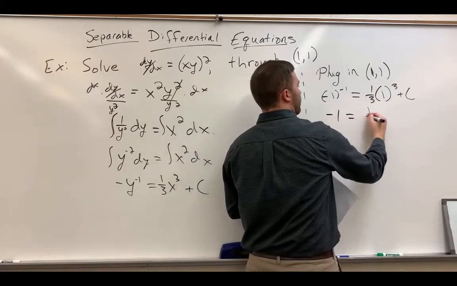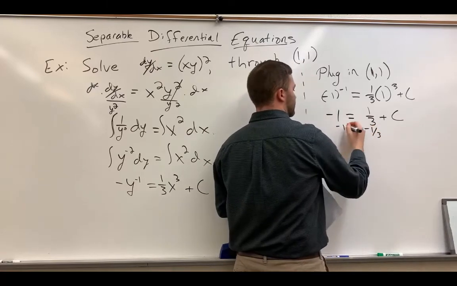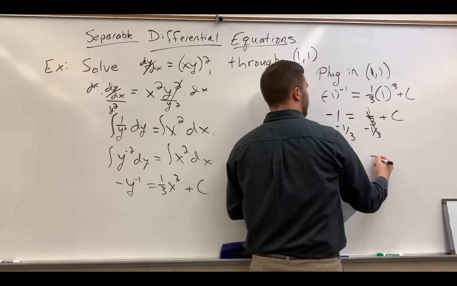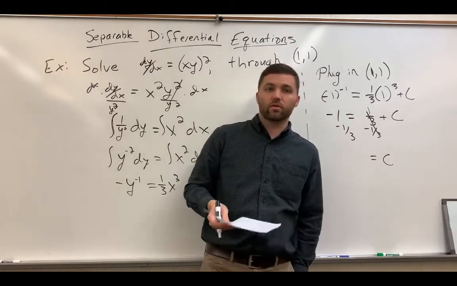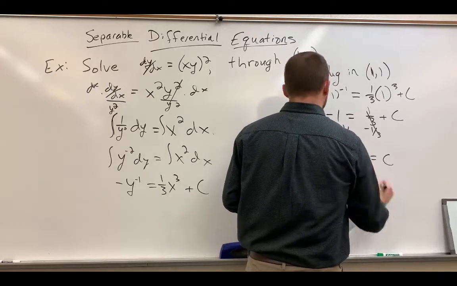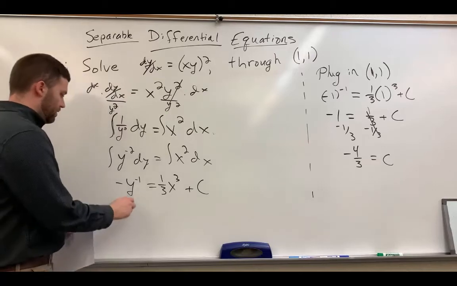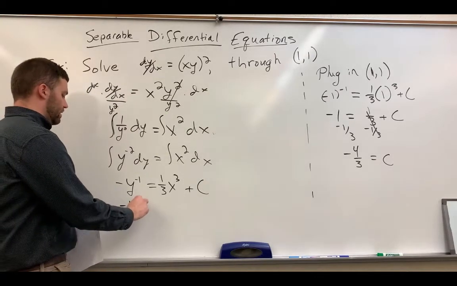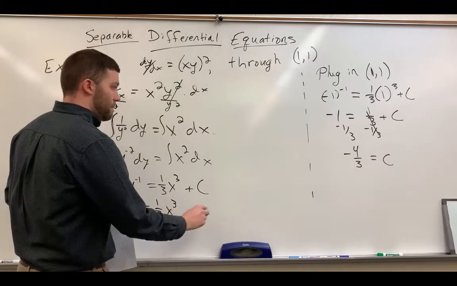On the right, I have 1/3 plus c. When you subtract a third from both sides, you get that c is equal to negative 1 minus a third, which is negative 1 1/3, or negative 4/3. That gives us our c value. So finally we can write that negative y to the negative 1 equals 1/3 x cubed minus 4/3.